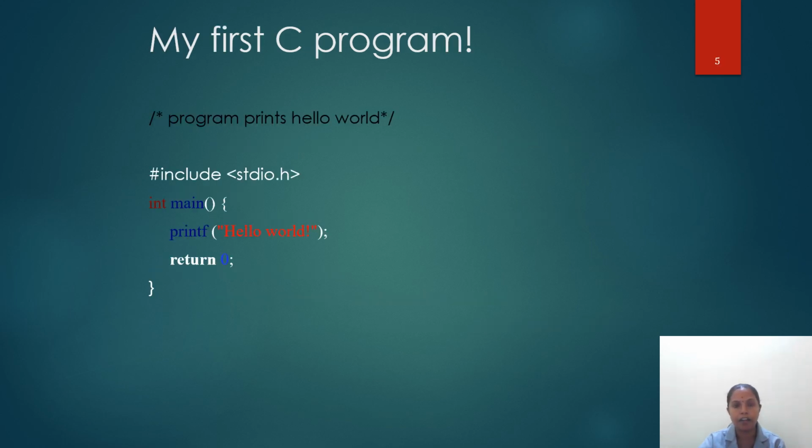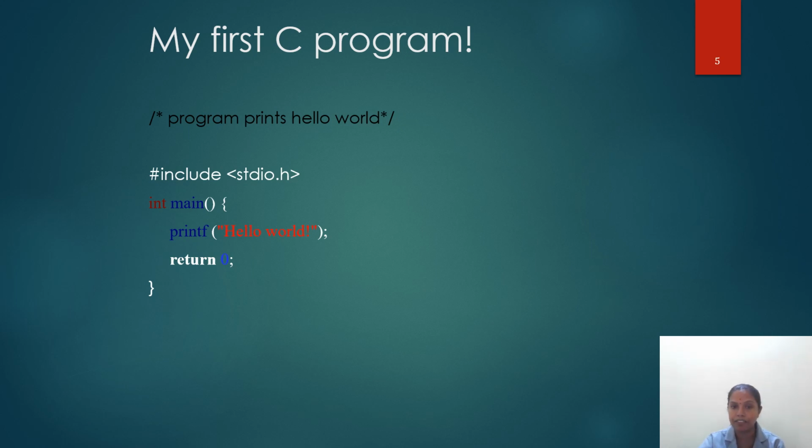Then we come to the first program. In every programming language, Hello World is the basic program. First, we see the comment line. The program prints Hello World. The comment starts with slash asterisk and ends with asterisk slash. Then another pre-processor section, where the hash symbol is present: include stdio.h. The stdio.h is a standard library for input and output functions.